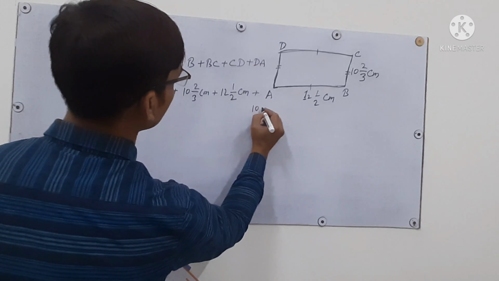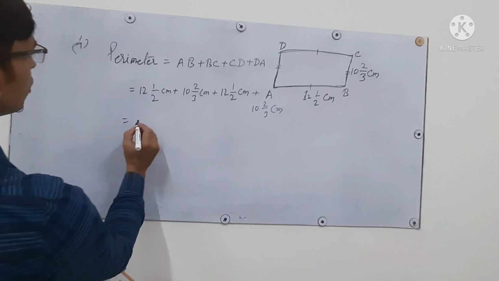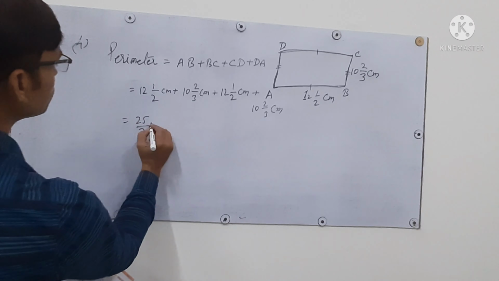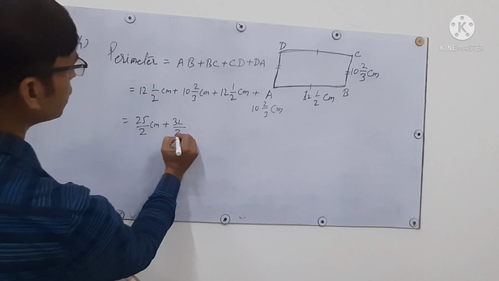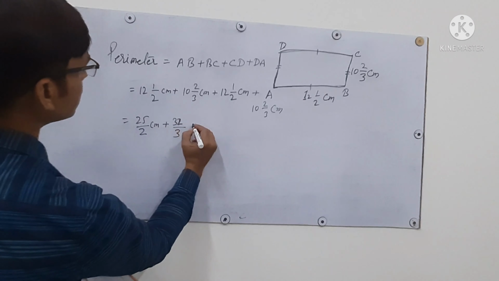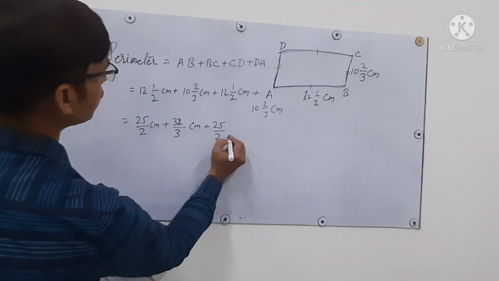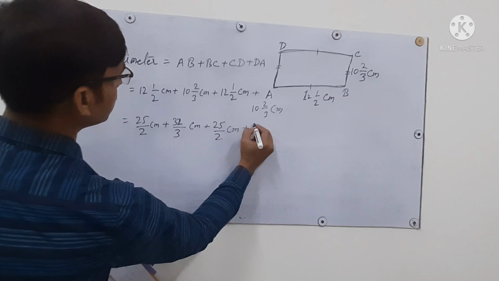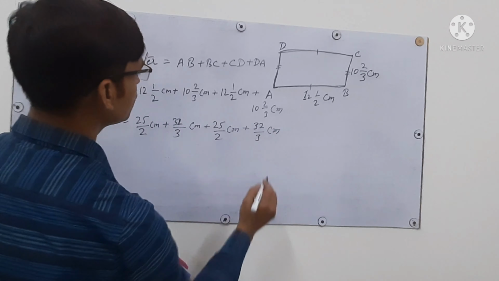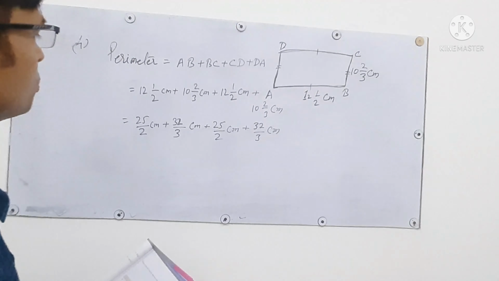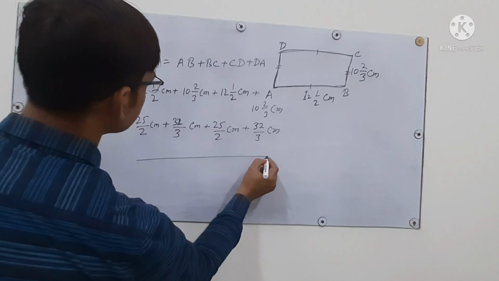It will be 10 2/3 centimeter. Now we will solve it. It will be 25/2 centimeter, 32/3 centimeter, similarly 25/2 centimeter, and 32/3 centimeter. This is a very easy question, and now we will take its LCM.